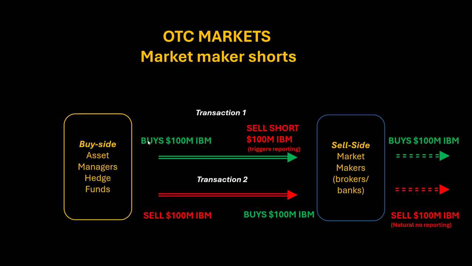So in all of these four cases, the only case that needs to be reported to FINRA is this one, which is a sell short, where it triggers reporting immediately as when the market makers actually enter into a selling short transaction. So that's why it's important. If we can monitor this, then obviously it means that we have all the big asset managers and hedge funds buying. So that's why this type of data set is useful.